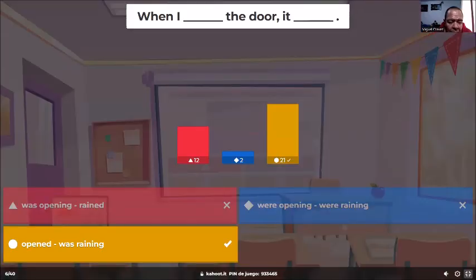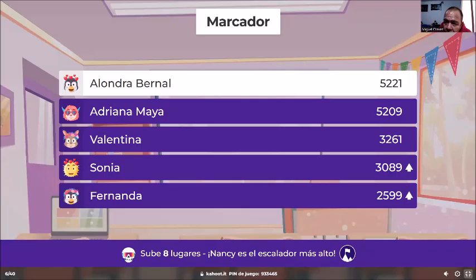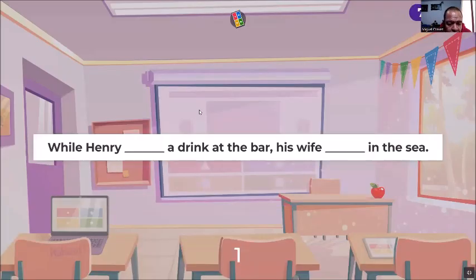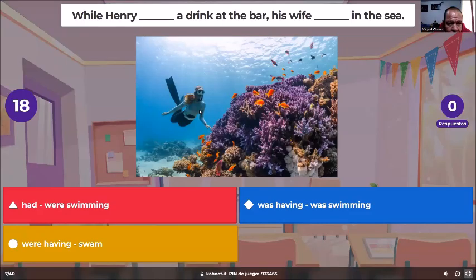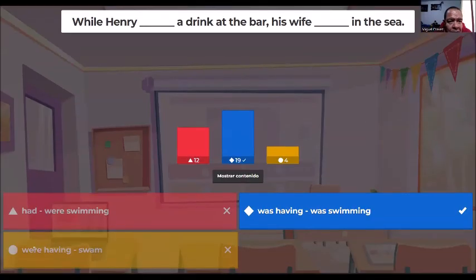When I opened the door, it was raining. This is another example of a sentence with two activities taking place at the same time.